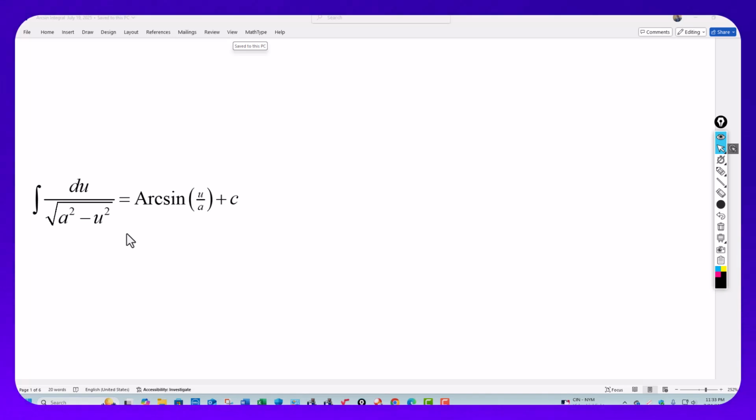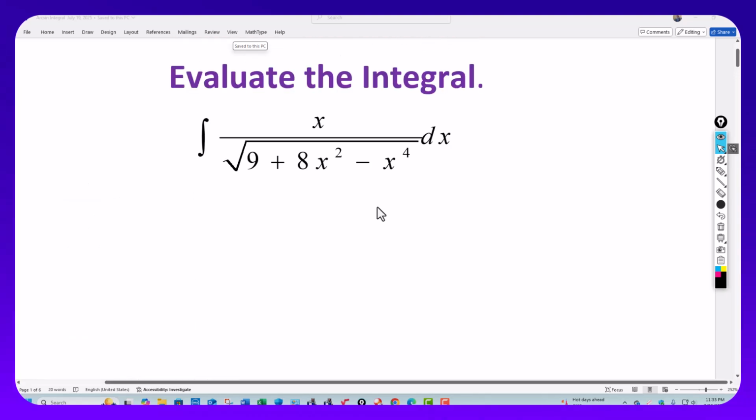You have one for tangent, you have one for secant, depending on whether it's a squared minus u squared, or u squared minus a squared, or whether it's a sum of squares.